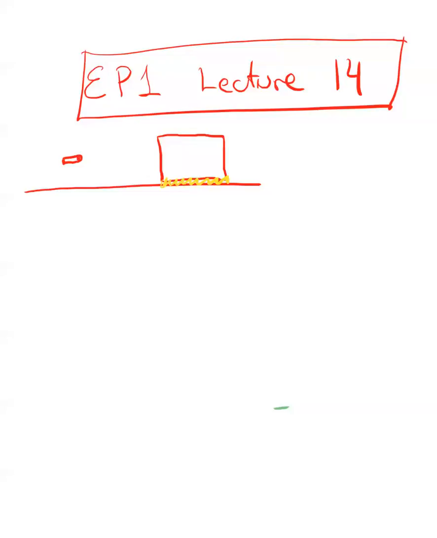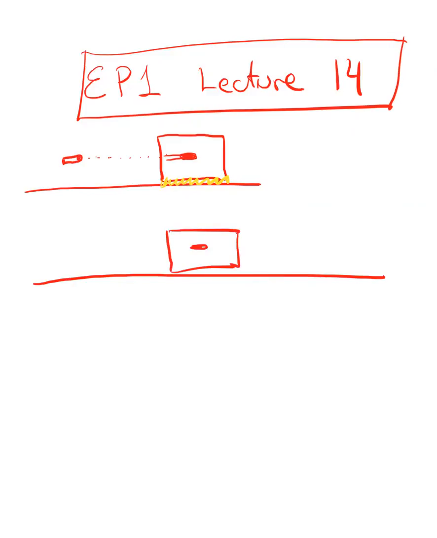So let's think about what happens when the bullet hits the box. This bullet will fly, collide with the box, and get stuck in the box. Intuitively, it's clear that because of this, the box and the bullet stuck in the box will both start moving to the right.